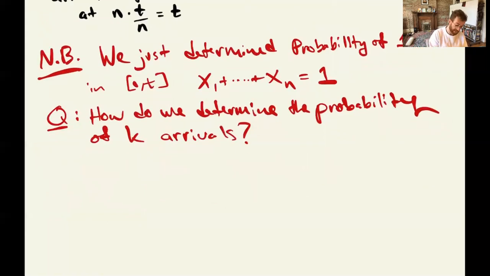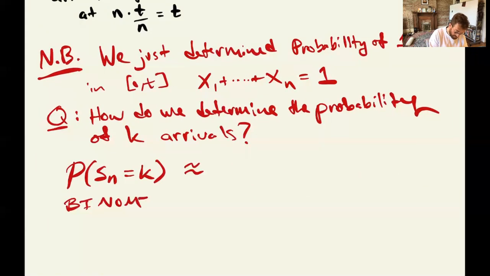So the punchline is that what we're trying to figure out is the probability that Sn equals k, which is a binomial. This can be well approximated using the Poisson, Poisson k, where now lambda is a little different because we want to think of this as being given by the formula n times p.